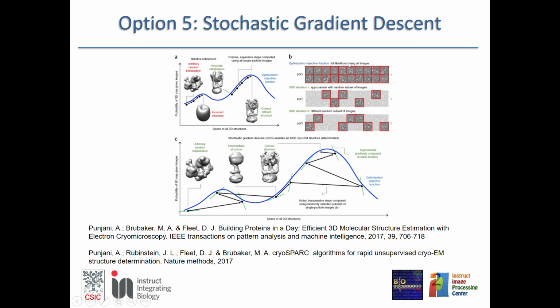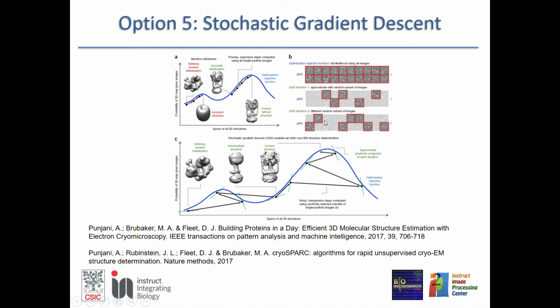If you have all these images, you may just take a random subset of them and run a gradient descent, but only on these 5 images. For the next iteration, you take a different random subset of projections, and you run a gradient descent with just those images.